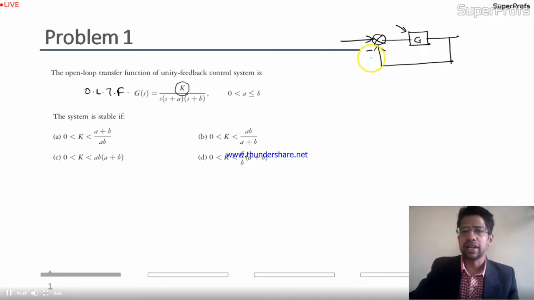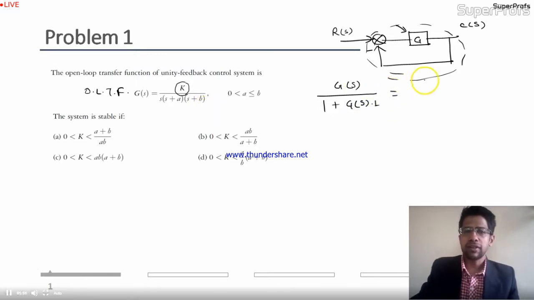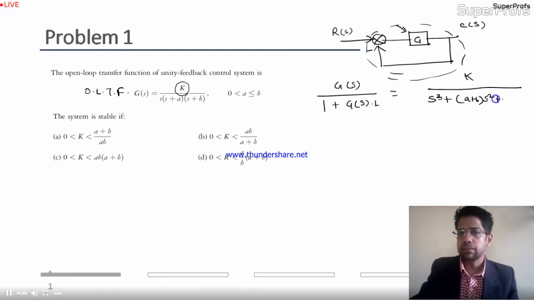This is negative feedback, this is my reference input, and this is my C. So I need to find the closed loop transfer function, which will be G of S divided by 1 plus G of S. As H of S is 1, if you work this out, you get K divided by S cube plus (A plus B) S square plus AB S plus K. So this is the characteristic equation of the closed loop transfer function that you have got.